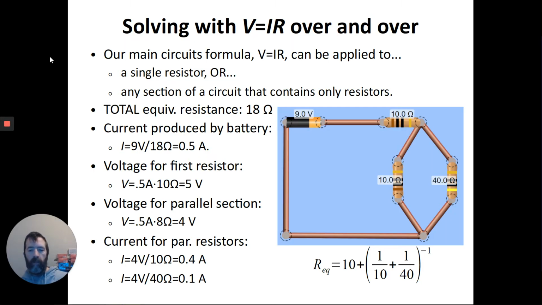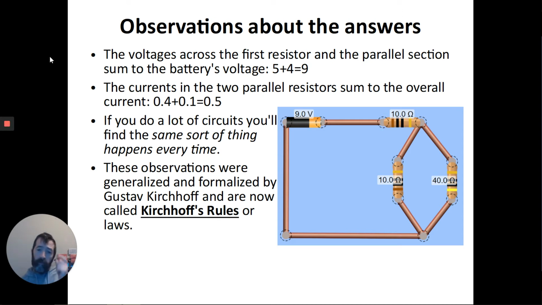So there's 2 interesting things about those results. First of all, the voltages for this resistor and the parallel section, they were 5 and 4, and that makes the same 9 volts that I started with for the battery. And the currents in the parallel section were 0.4 and 0.1, and if you add that together, you get the same 0.5 that I had in the single path sections.